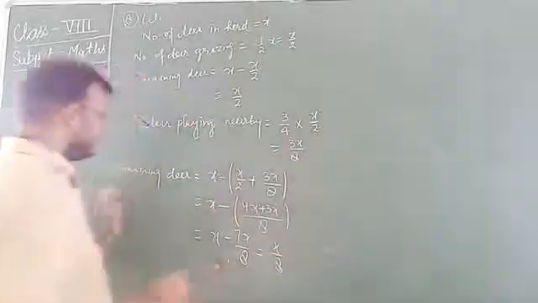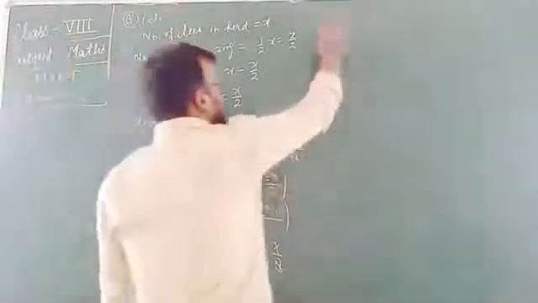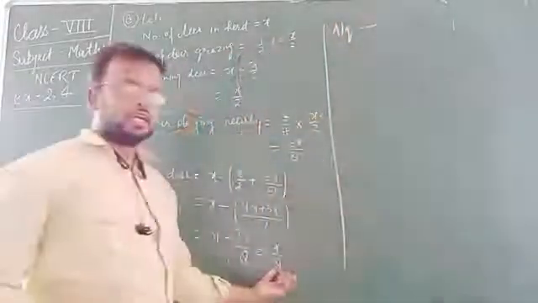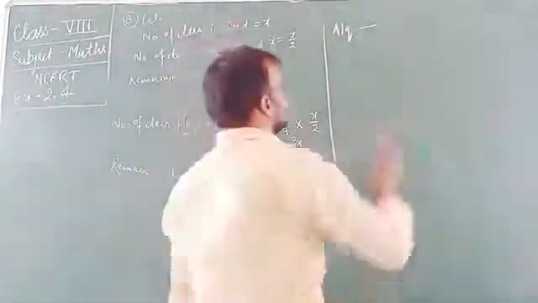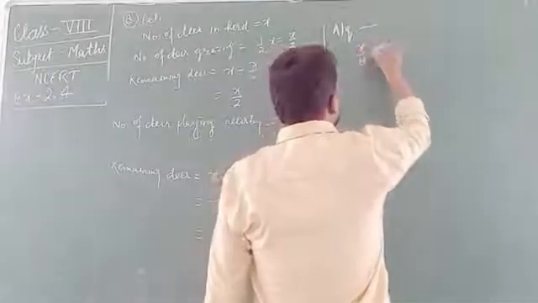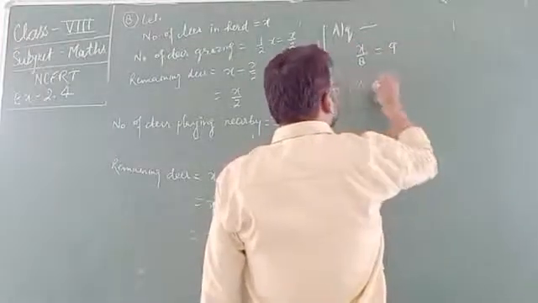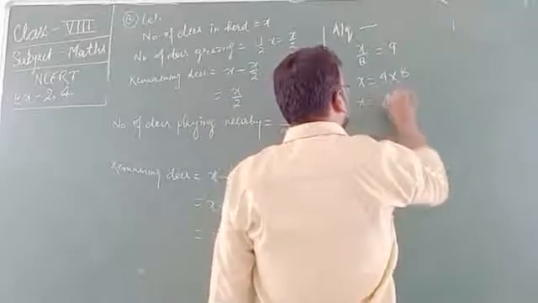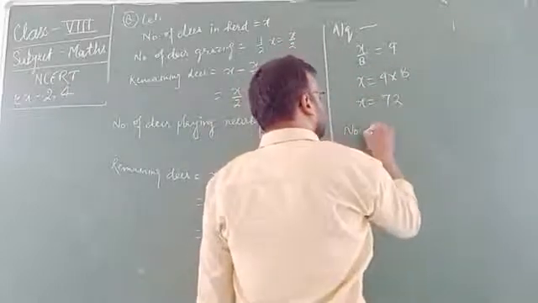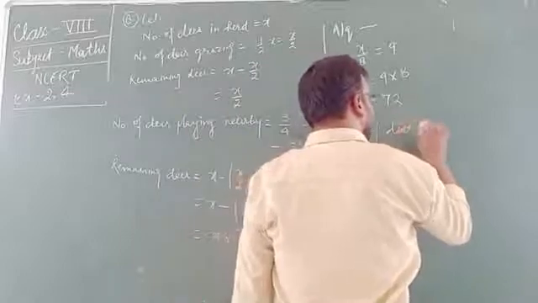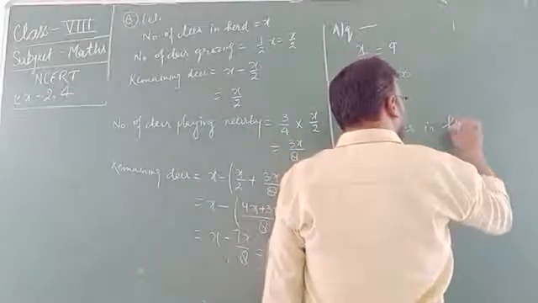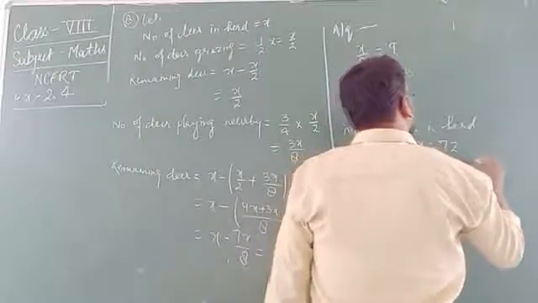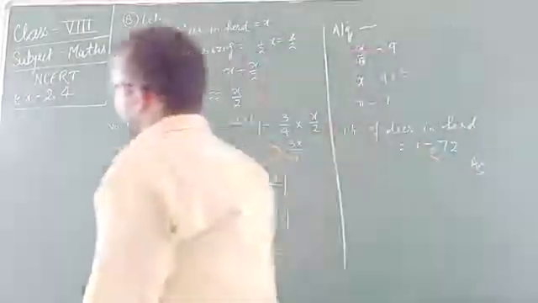It means the remaining deer are x by 8. According to the question, the remaining deer number 9. It means x by 8 equals 9. So x equals 9 into 8, that is 72. So the number of deer in the herd, x, is 72. This is the solution of question number 8.